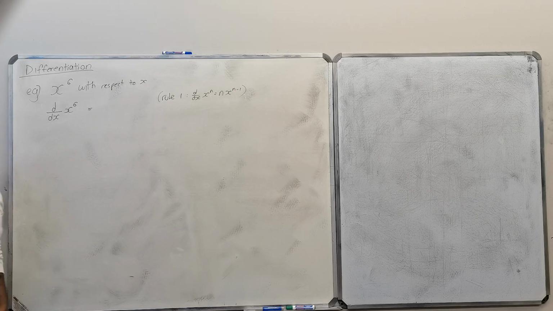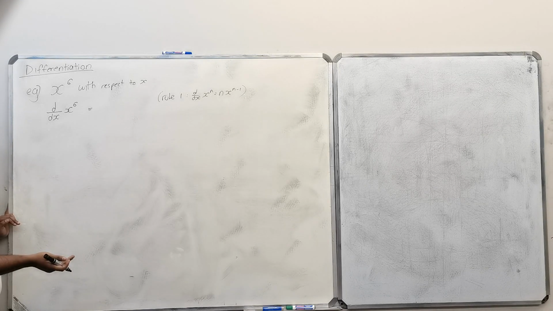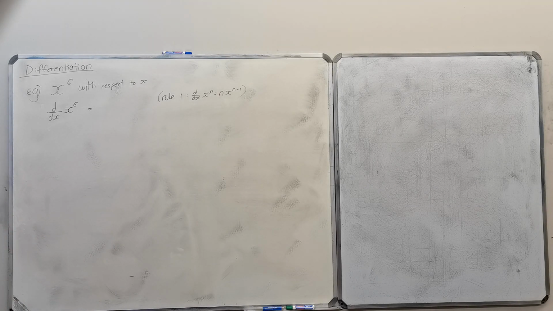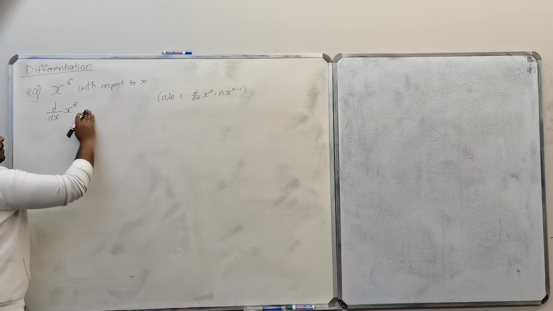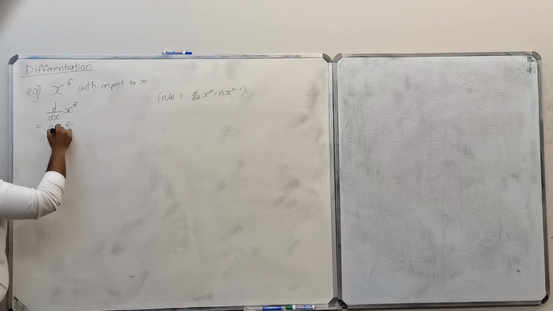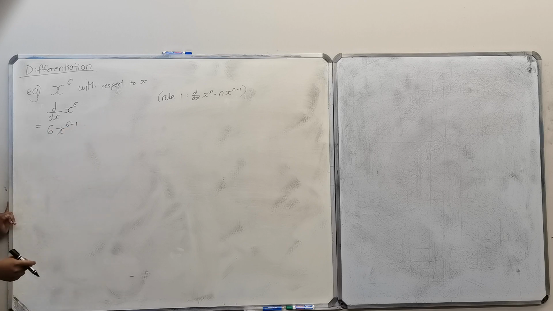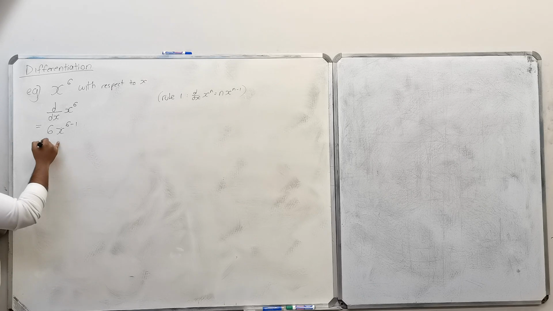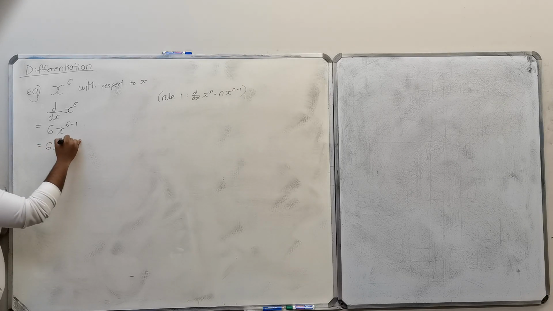That's the rule. n over here is what? 6. So this would be equal to 6x to the power 6 minus 1. And what would this become? 6x to the power 5.